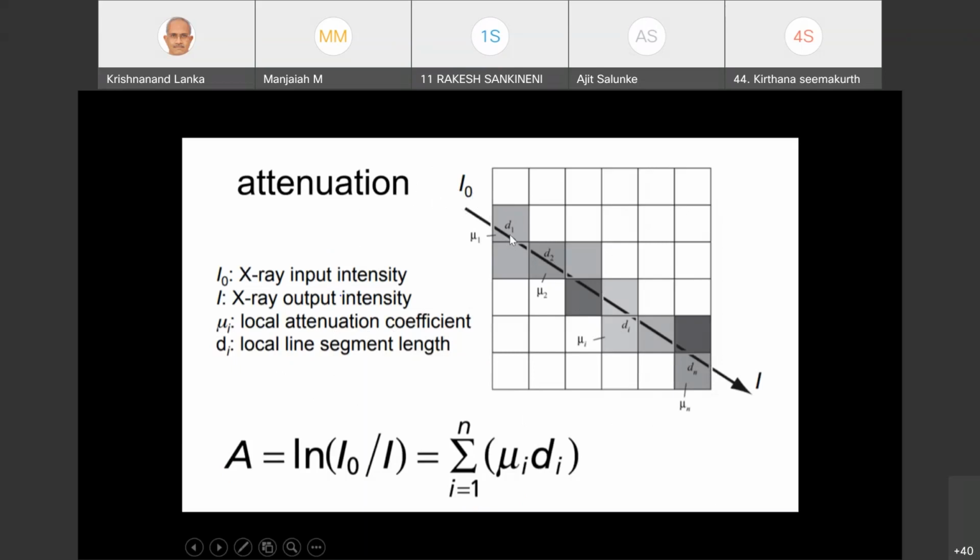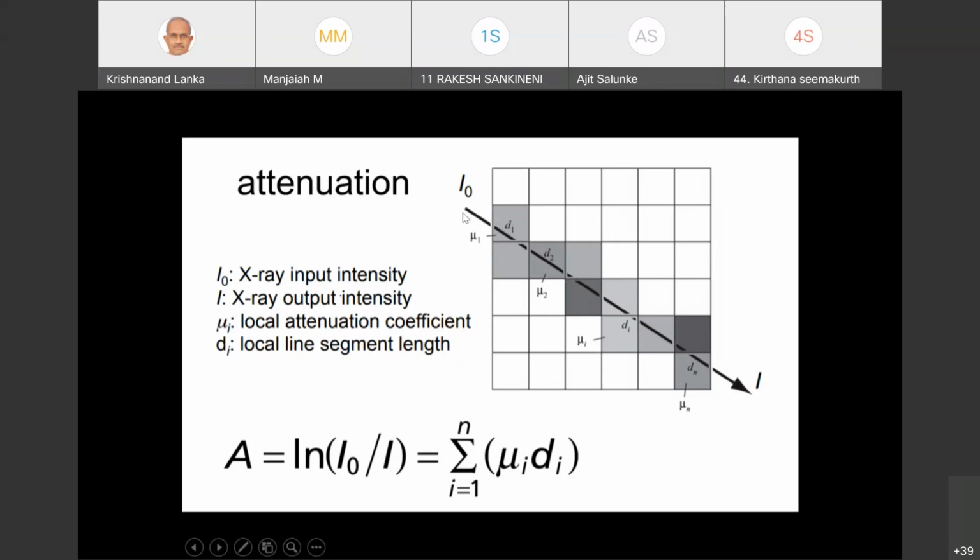Then you can see that here we have some unknown variables like mu1 d1, mu2 d2, like that mu_n d_n, right? But we know the input intensity and output intensity. And we have to guess how much distance, and what is the local attenuation coefficient. So how to guess this?